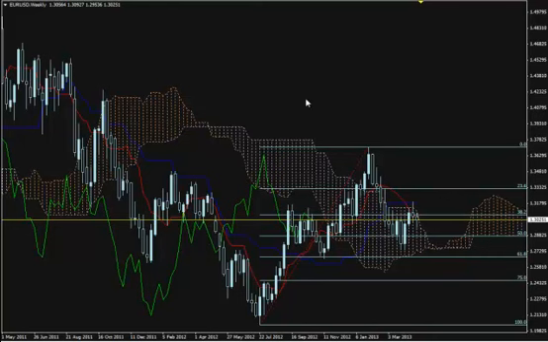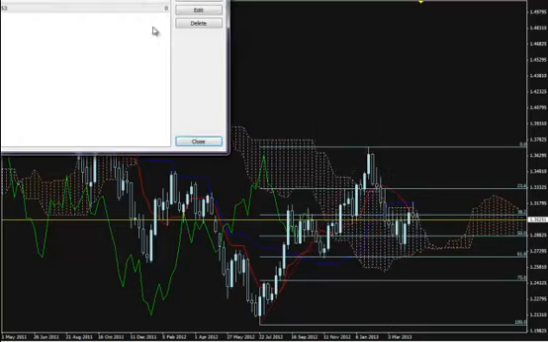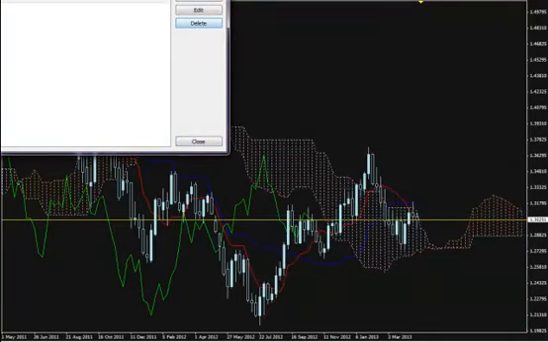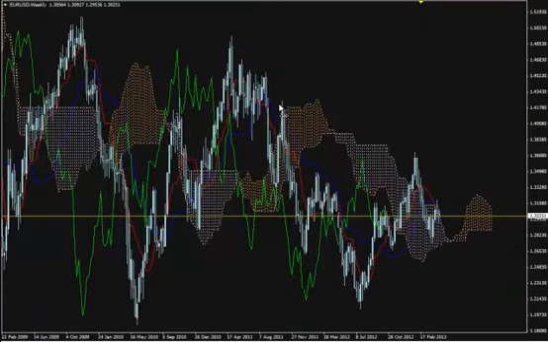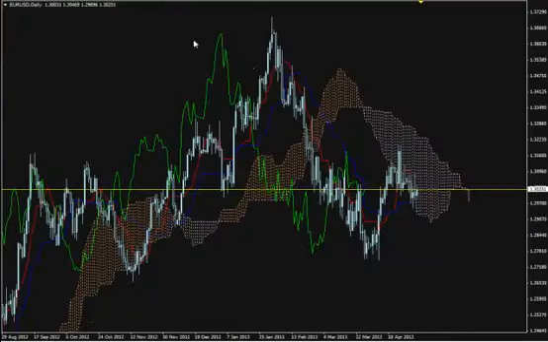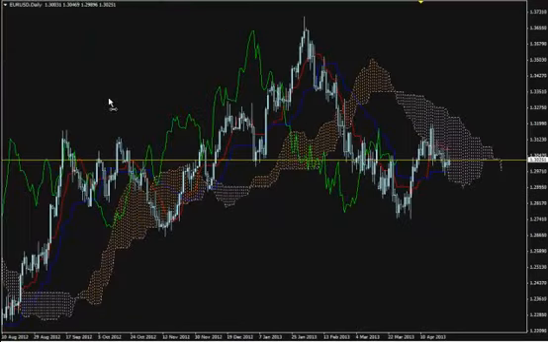So let's delete the Fibonacci levels now, and let's go back to our system and see how things look from the daily chart.